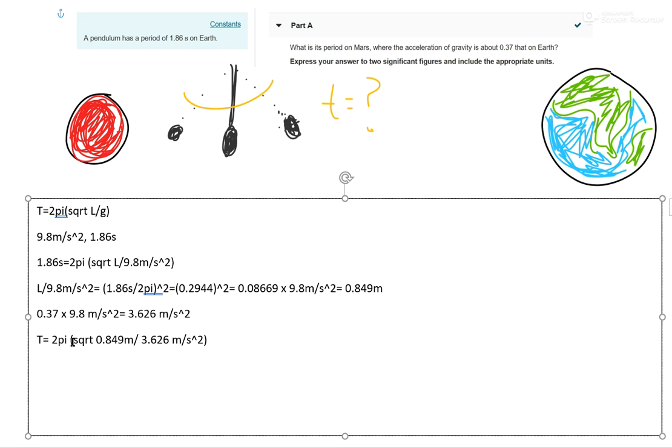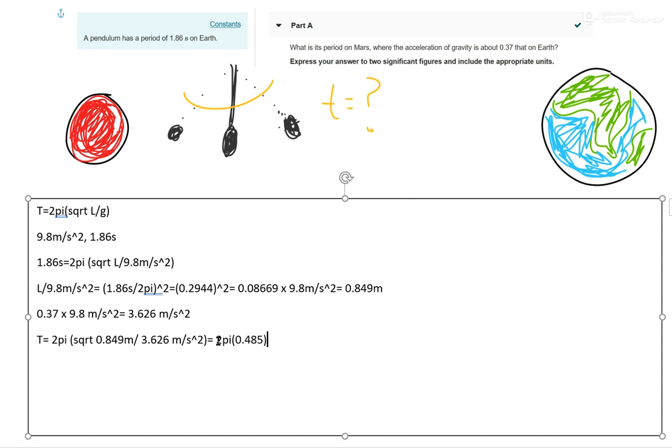And if we solve for this right here, we get 2 pi times 0.485.